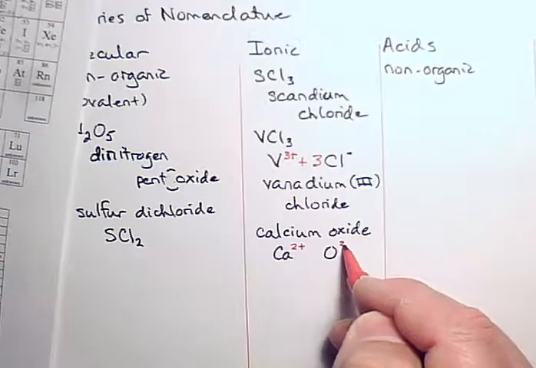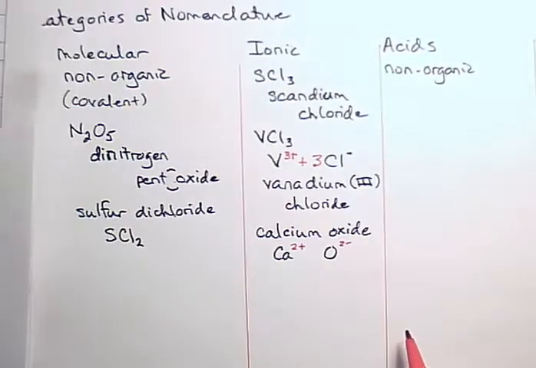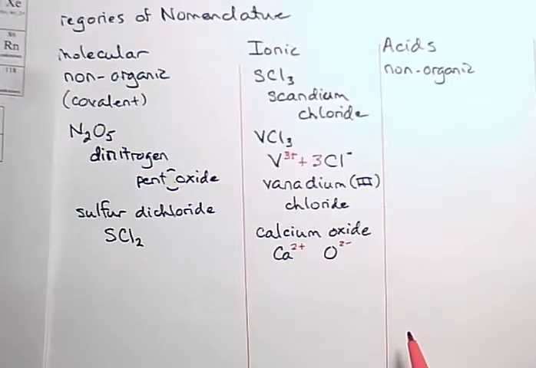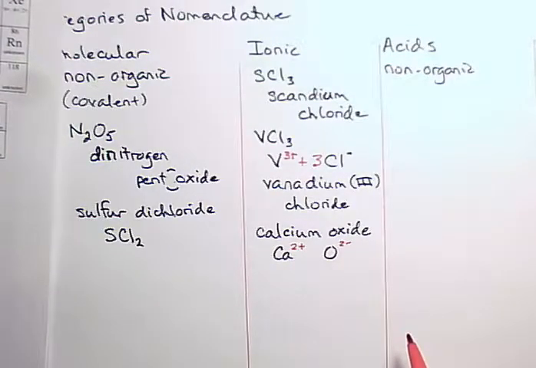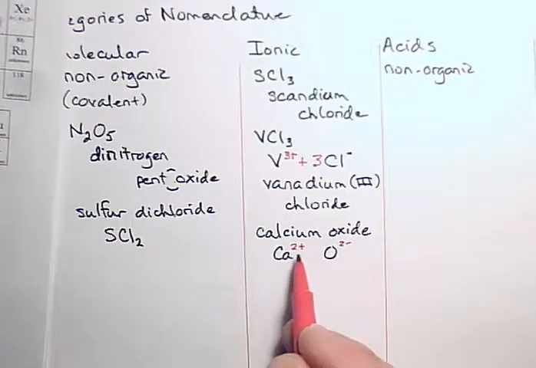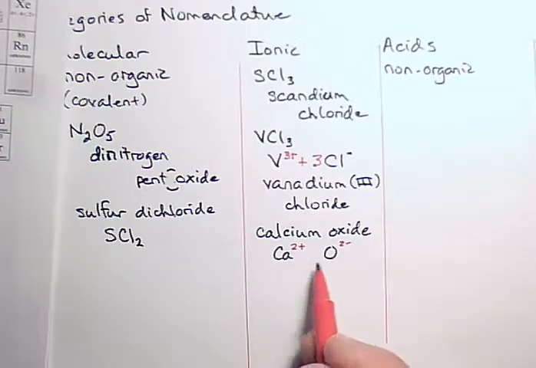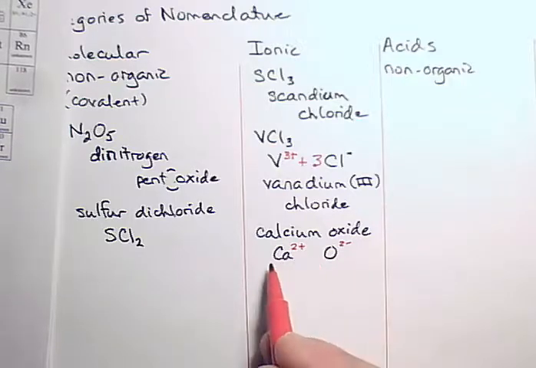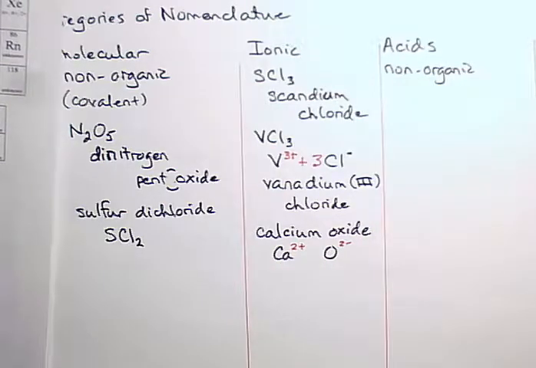Well, you just assume that? Yes. Unless there's a PER in front of the oxide, then you don't assume there's any other charge. Okay? All right. Most of the time, oxygen is going to have a 2 negative charge. So that's already balanced out. We just need 1 of each of these. 1 calcium, 1 oxygen is balanced.